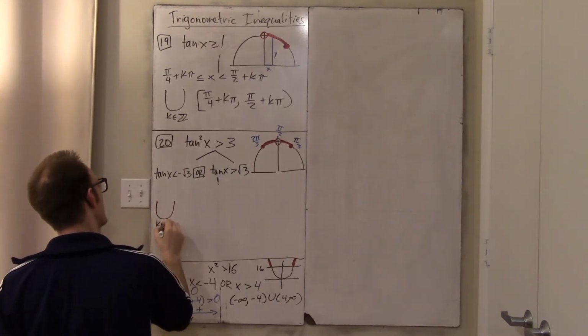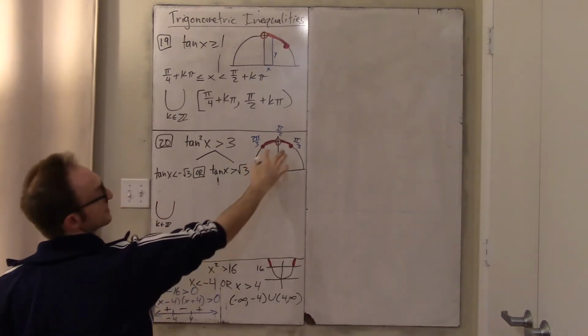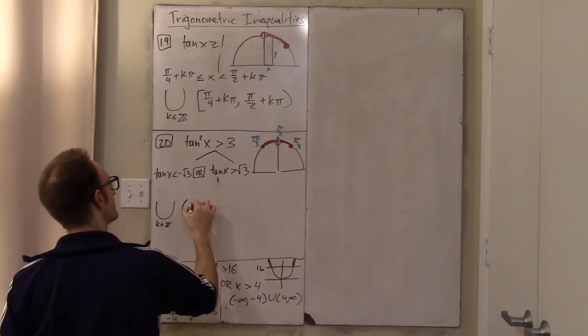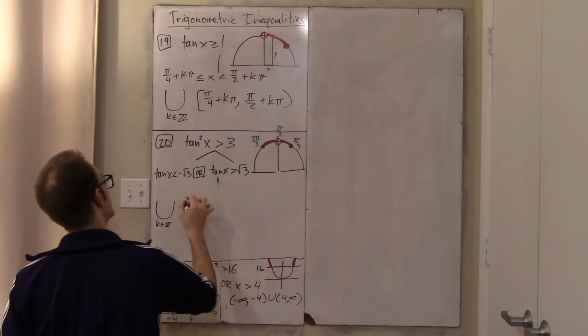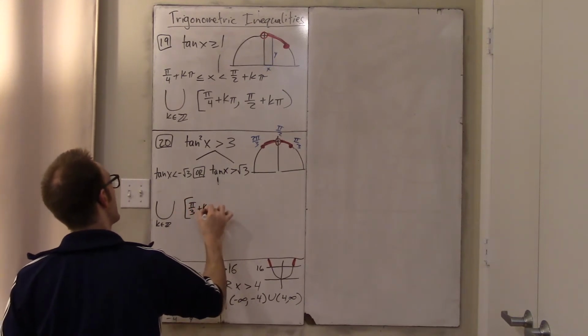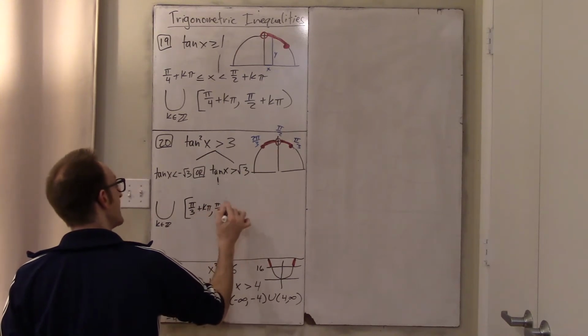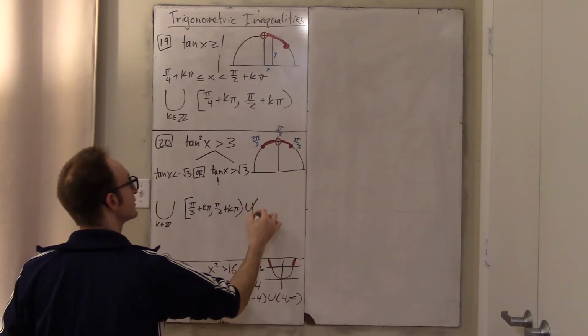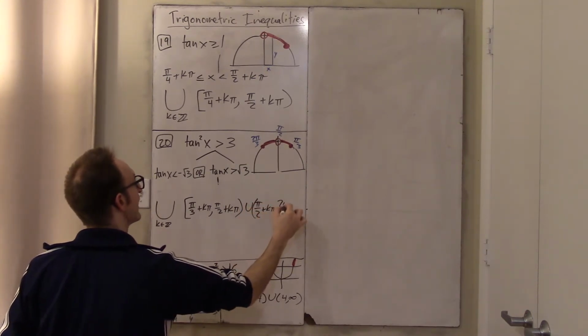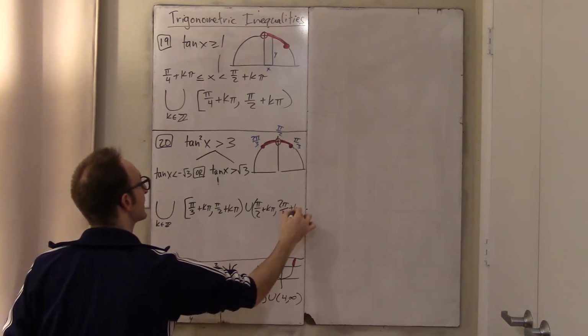So I'll say, all right, well, what is it? It's really like two intervals. It's everything from pi over 3 plus k pi to pi over 2 plus k pi, but then excluding pi over 2. So then from pi over 2 to 2 pi over 3 plus k pi, and I throw a bracket in there.